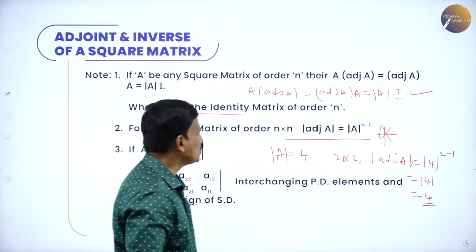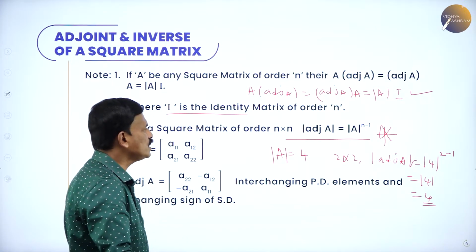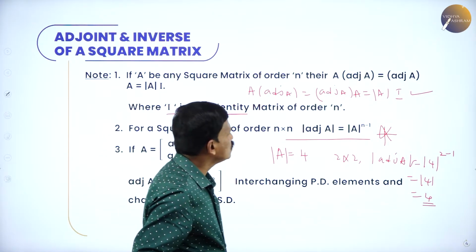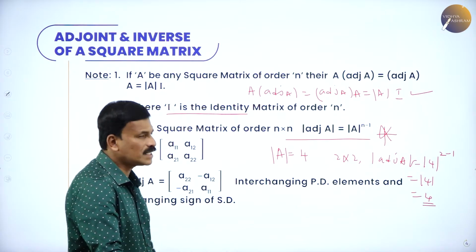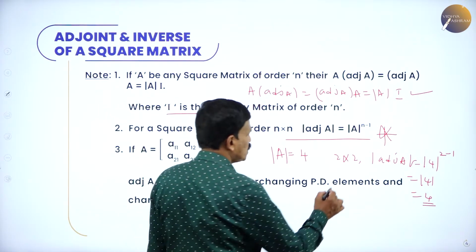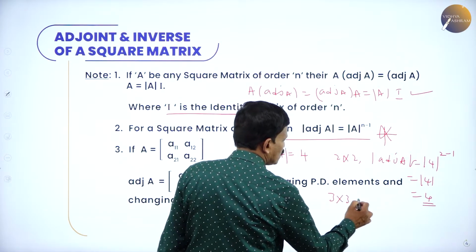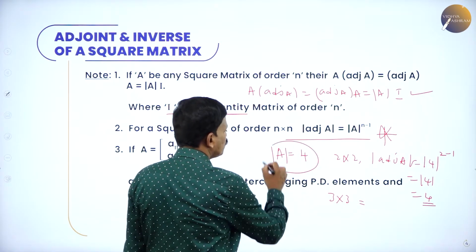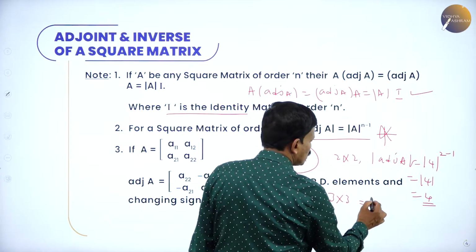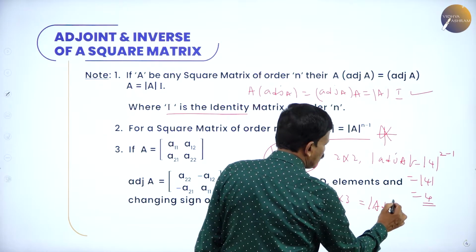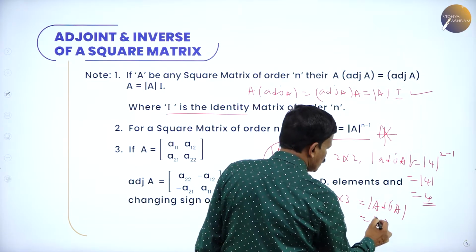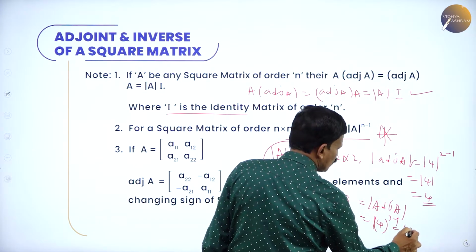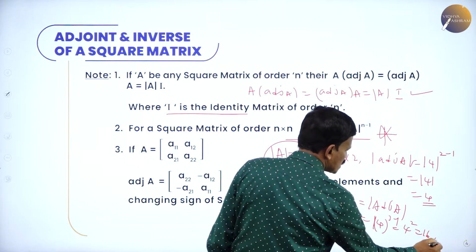So, the determinant of adjoint of A is equal to determinant of A to the power of n minus 1. Suppose the matrix is of order 3 rows 3 columns, and determinant of A is 4. Then the determinant of adjoint is equal to 4 to the power of 3 minus 1, that is 4 square, equal to 16.